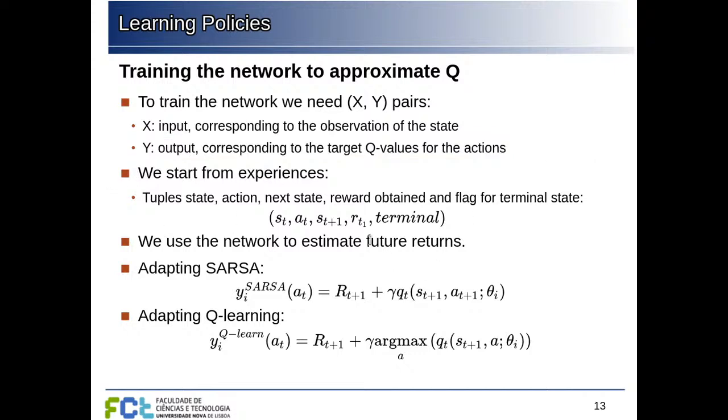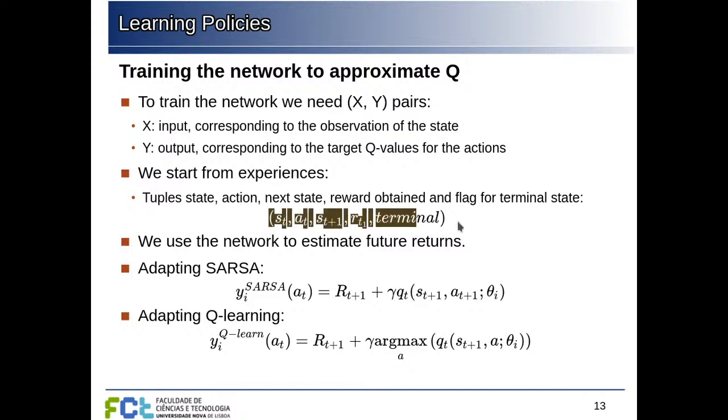We do this by gathering experiences. That is, we take a step in the game or in the system that we are trying to learn to navigate, and we store the state in which we are, the action that we chose, the next state that we got into, the reward that we got by that transition, and whether or not we reached the terminal state. It's important to know if we reach the terminal state for the future return estimates.